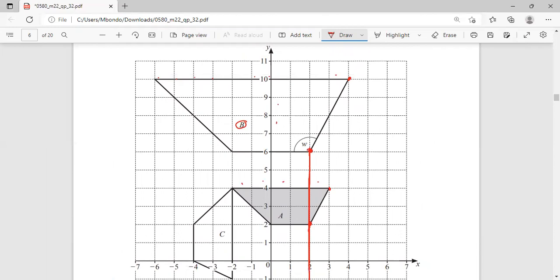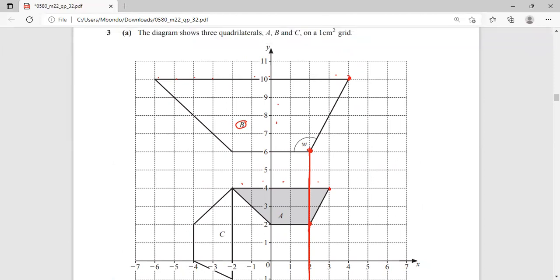This one is here, this one is somewhere here.